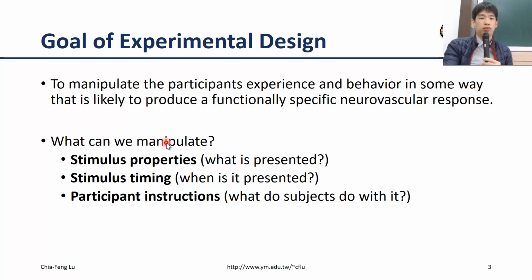So in this part, we need to keep in mind what we can manipulate. Actually, there are three different things that we can do, or we should do. The first is the stimulus properties. In plain words, it is what is presented to your subjects: the visual stimuli or the auditory stimuli. What kind of visual stimuli are you going to use?